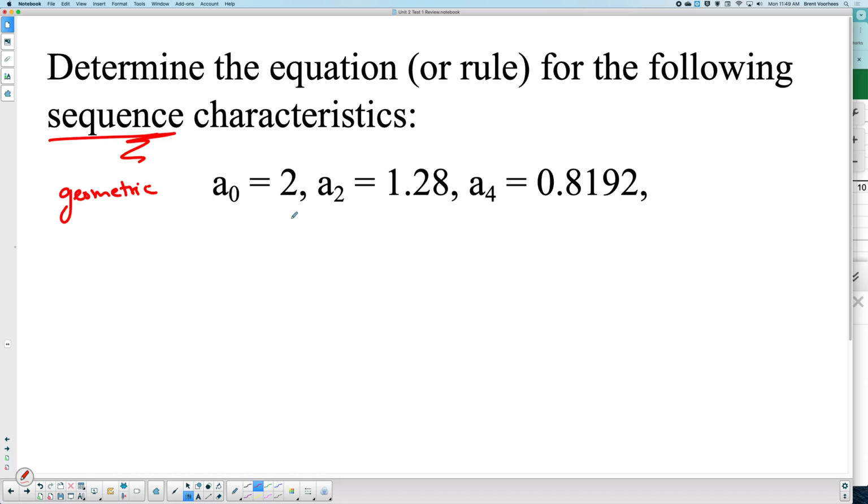Once again, since we don't know what we're multiplying by, and since these aren't back-to-back, I cannot discover what the ratio is. What I'd have to do is use my formula. Gn equals gk times the ratio to the power of n minus k. So let's pick some points here. On this problem, what do you want to say gk is?